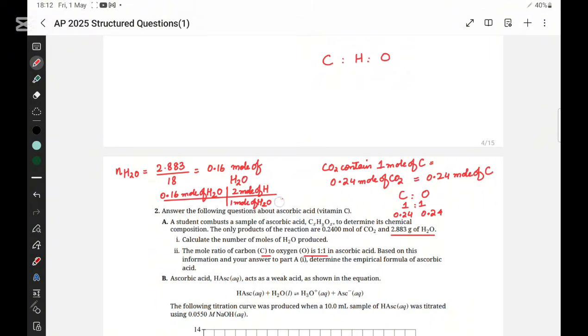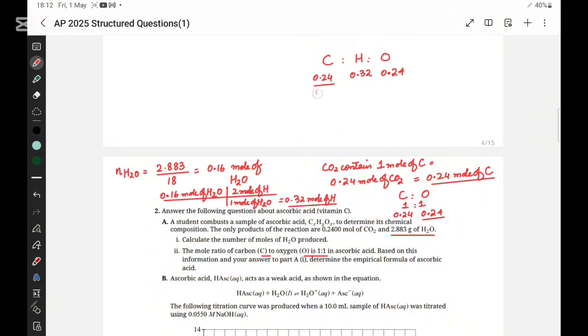So it comes out to be 0.32 mole of hydrogen. So now we have mole of hydrogen, we have mole of carbon, and we have mole of oxygen as well. So let's put here 0.32, and that's going to be 0.24, and that is also 0.24.